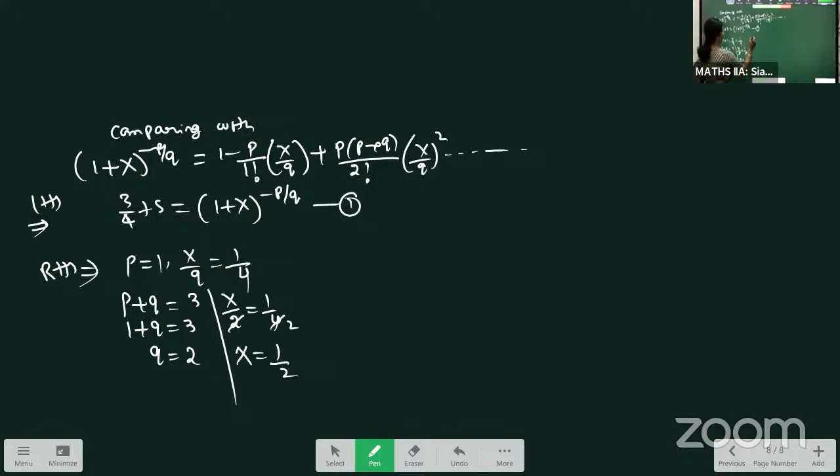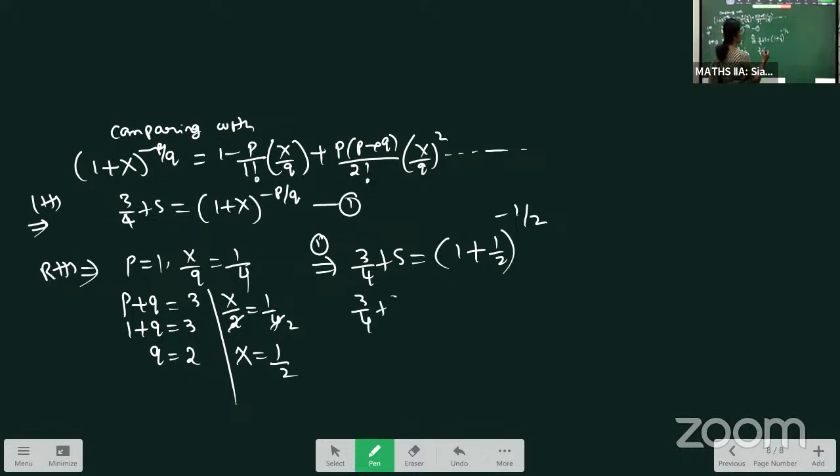Go to equation 1 and substitute. 3 by 4 plus S is equal to 1 plus x, which is 1 by 2, to the power minus p by q, that is minus 1 by 2. So 3 by 4 plus S is equal to, with LCM 2, 2 plus 1 is 3, to the power minus 1 by 2.